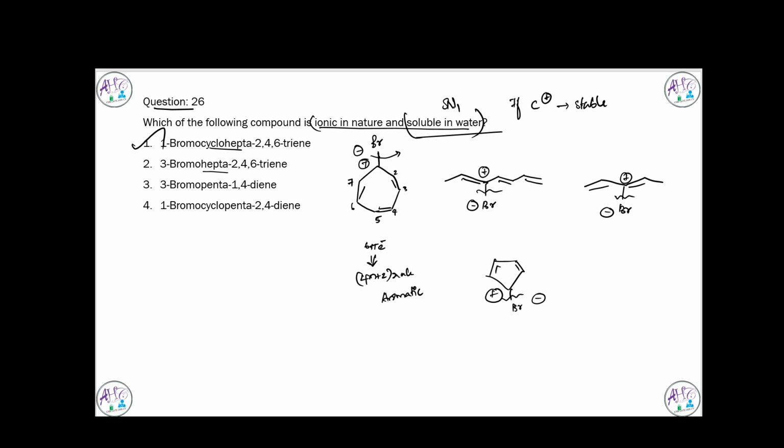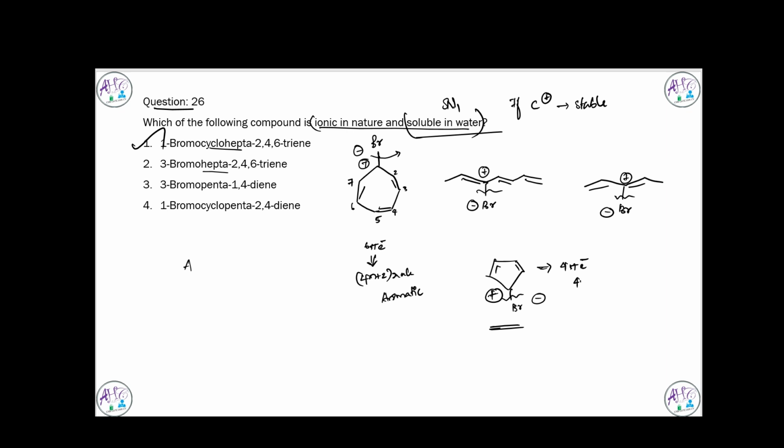If you look at the second and third options, these are not even aromatic structures. These are stabilized by hyperconjugation, and we know that aromaticity always comes first, then hyperconjugation, inductive effects, and everything else come next. If you look at the fourth option, which is 1-bromocyclopentadiene, here you have a positive charge, which means in total you are going to have 4 pi electrons.